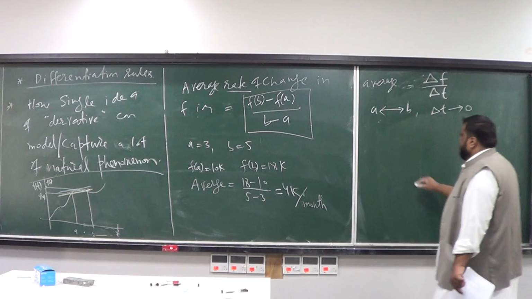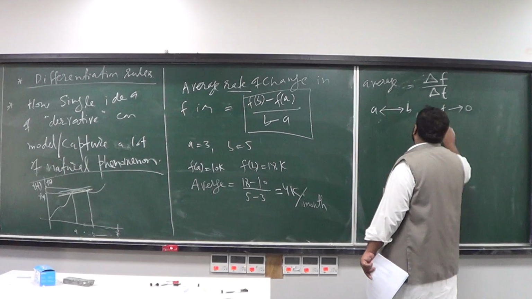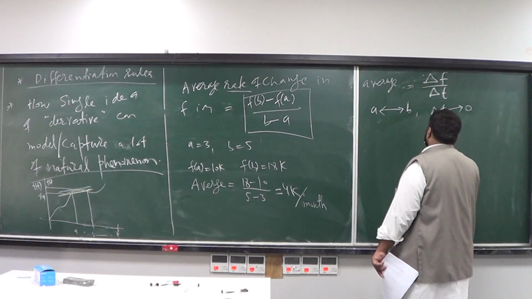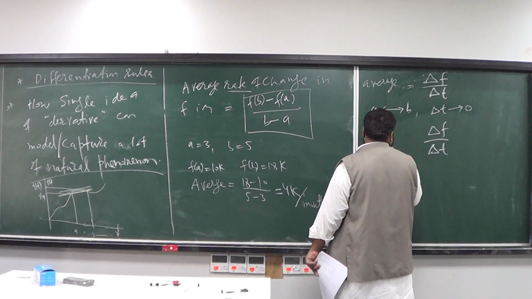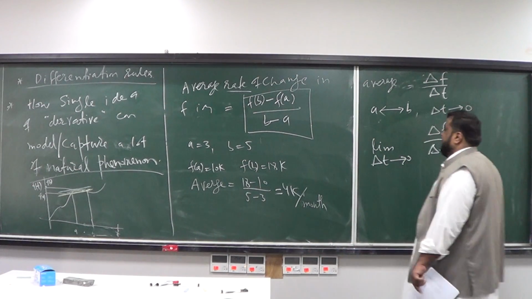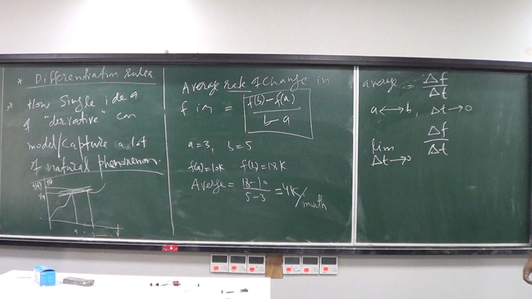So what will happen to this average rate of change when this delta, the change in time, is going to 0?